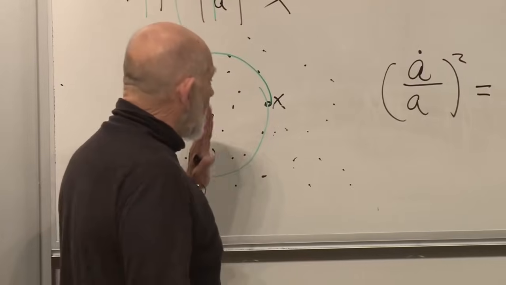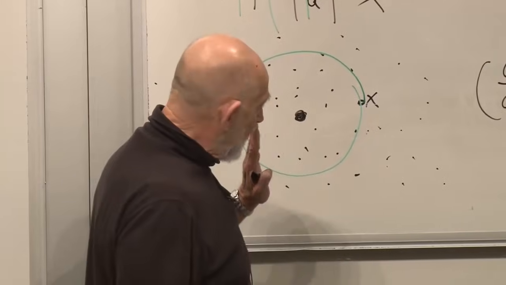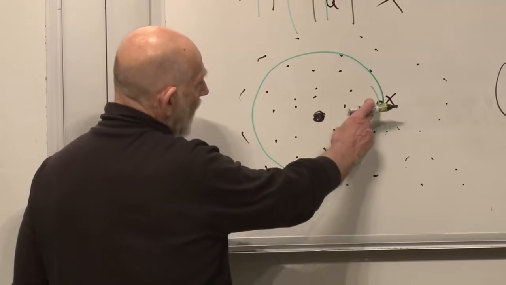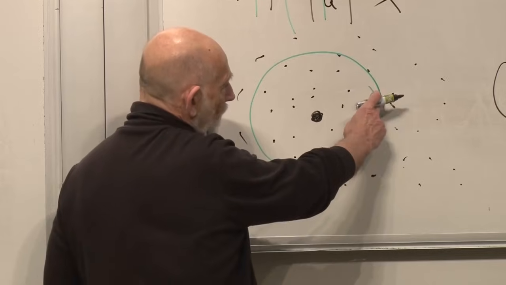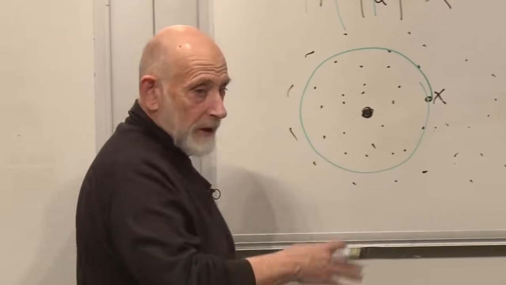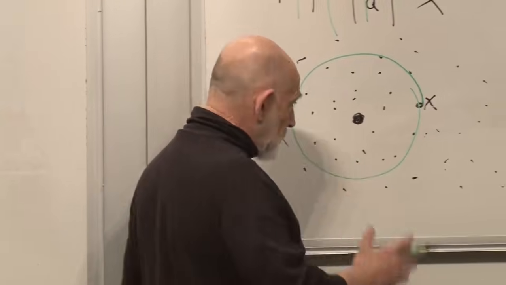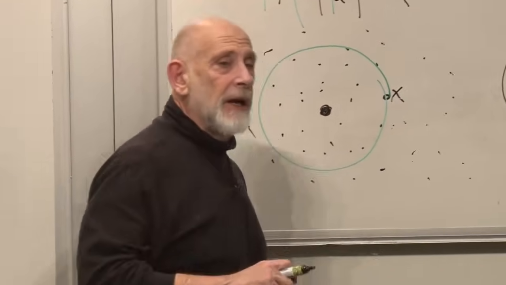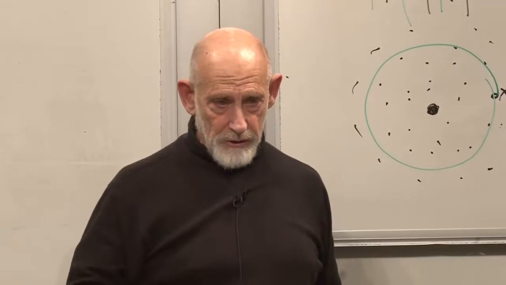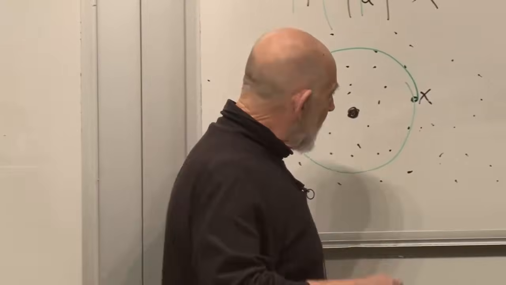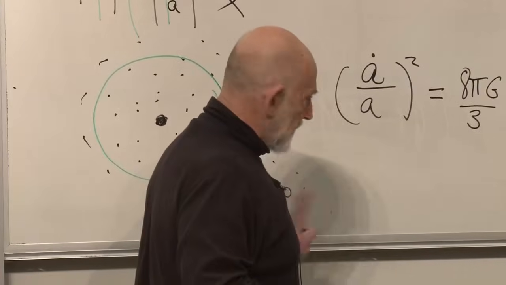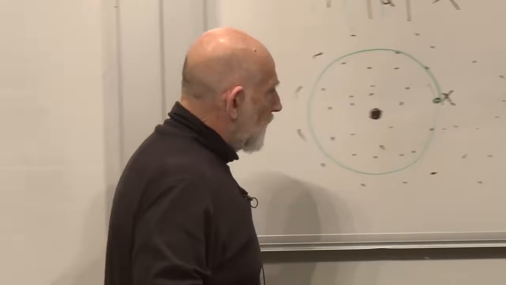That was in the case of zero energy, where the potential energy of this point and the kinetic energy of it exactly canceled. It could also be understood as the situation where every galaxy is exactly at the escape velocity, just on the knife edge between being able to escape and not escape. That's what that formula was.